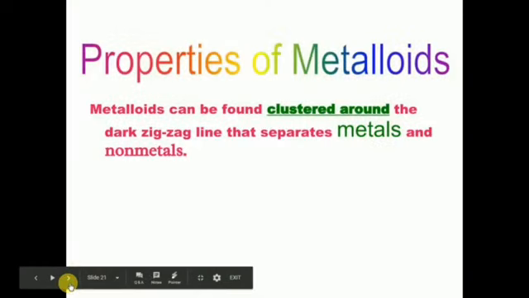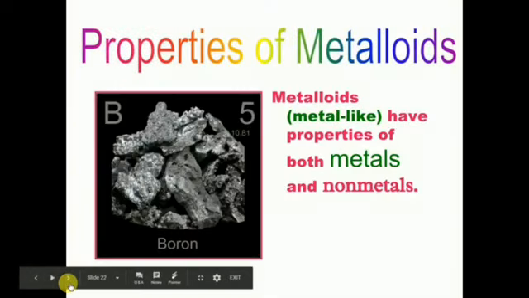These show properties of both metals as well as nonmetals and can be found clustered around the dark zigzag line that separates metals and nonmetals. Silicon chips are used in software. Properties of metalloids: they have properties of both metals and nonmetals, as you all know, like boron with atomic number 5 is a metalloid.